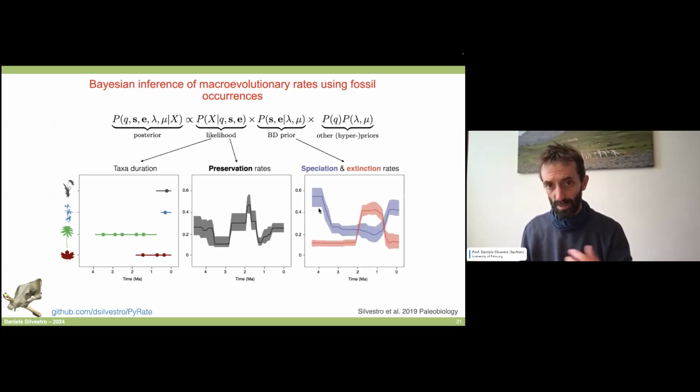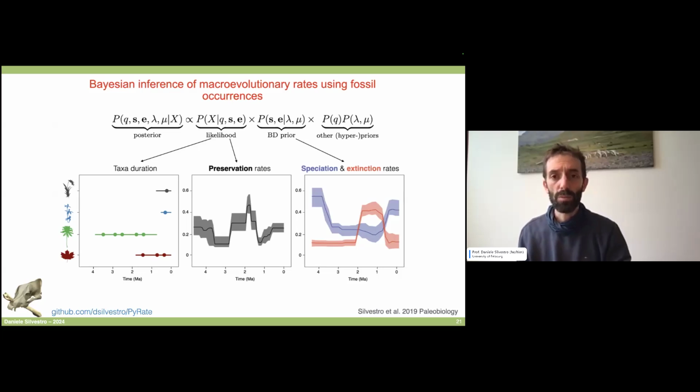And as part of the estimation, it will also get estimates of speciation and extinction rates that can, for example, change over time. This is implemented in a software called PyRate that has been around for a few years already. And within this framework, this is not using deep learning, it's a standard probabilistic approach using Bayesian inference.